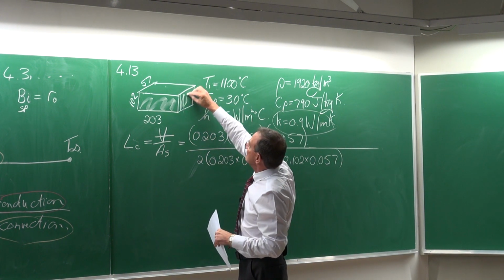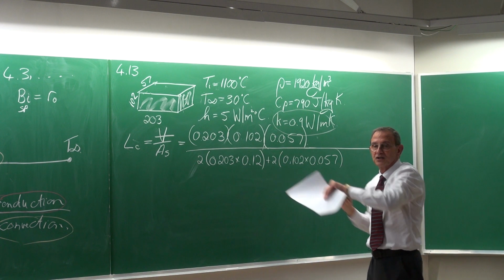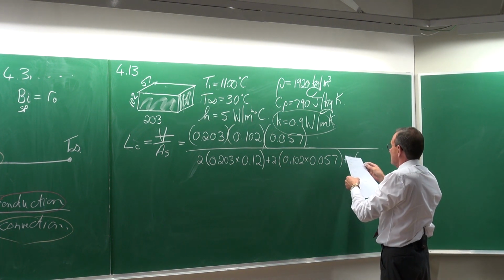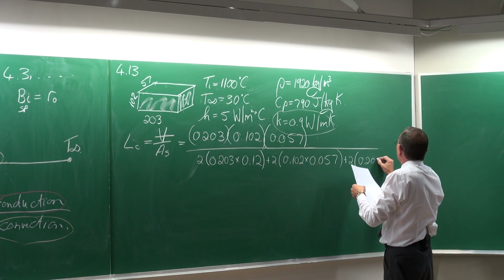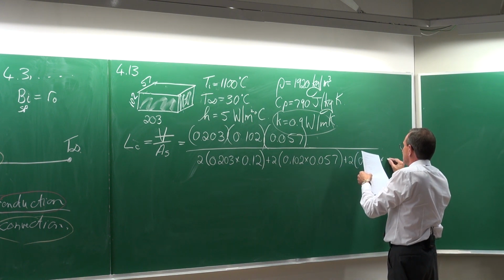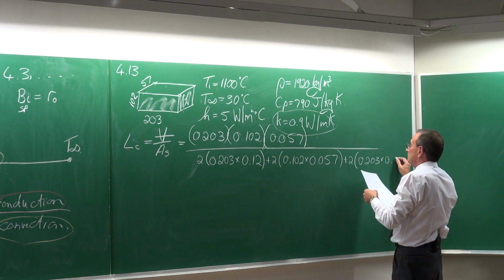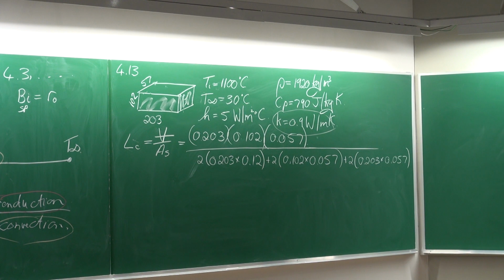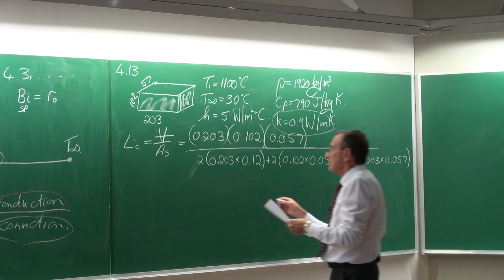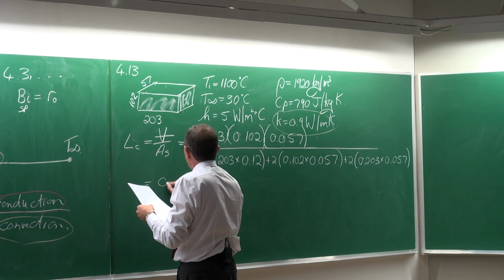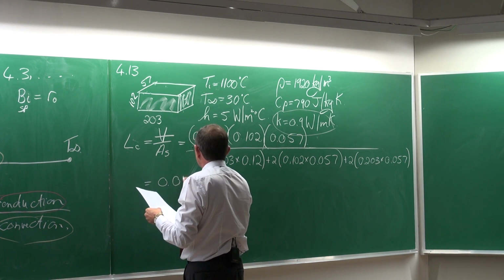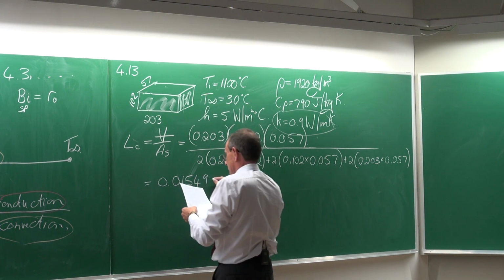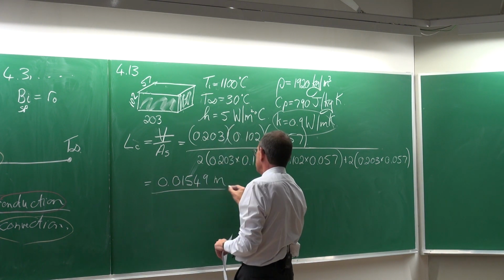So it is this area here and also on the opposite side, plus 2 times 0.203 multiplied by 0.057. And the characteristic length to me looks very small because it's only about 15 millimeters. Maybe I made a mistake in the calculations. You can go and check it at home.